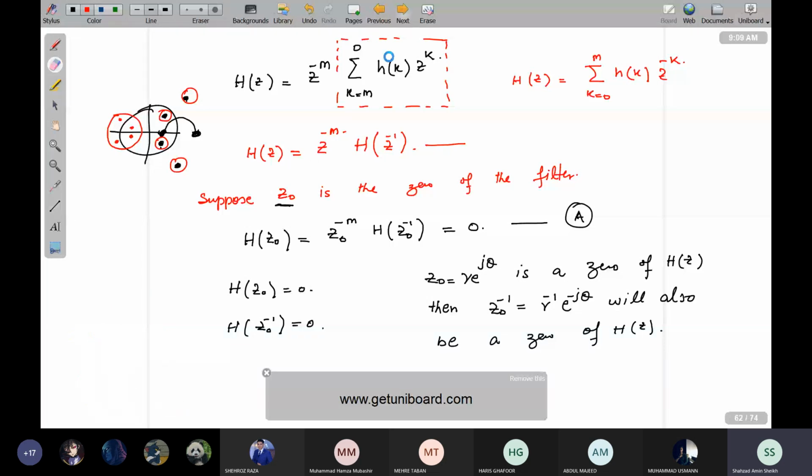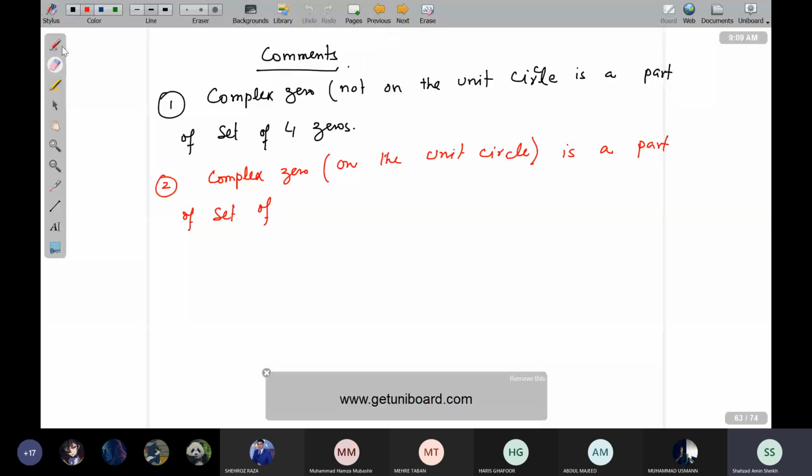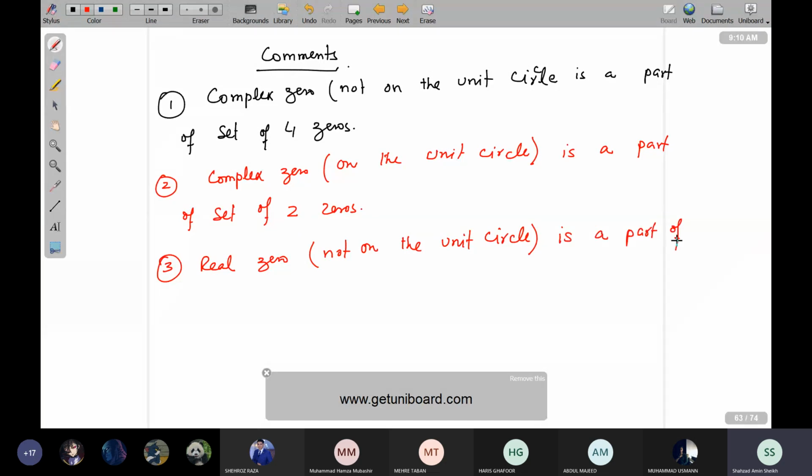अच्छा जी, आगे चलते हैं। नाउ set of two zeros, real zero which is not on the unit circle. जी भाई, is a part of set of how many zeros? 2 जीरो सर। Set of two zeros.